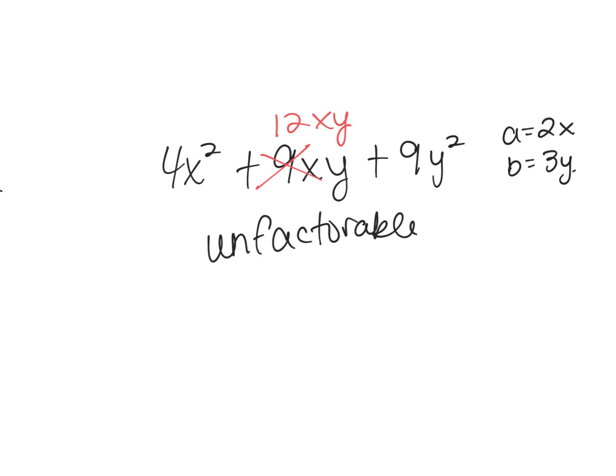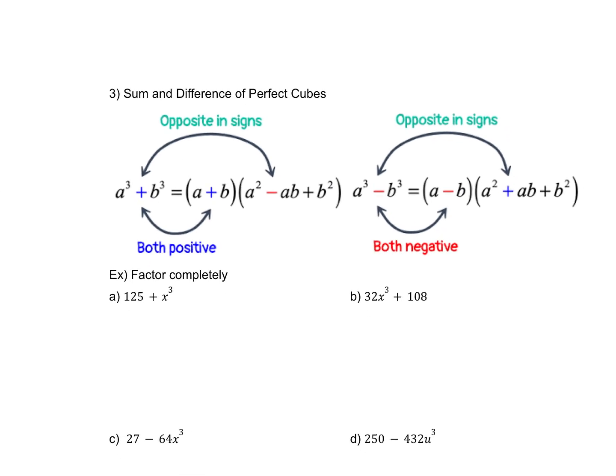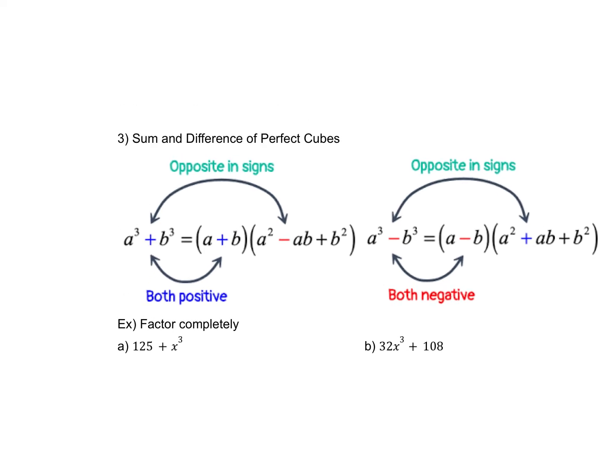All right, the last part of this video is about sum or difference of perfect cubes. So there's two formulas. This is also on the board at the front of the room, so check it out. The last two parts were about perfect squares and square roots. This is perfect cubes.